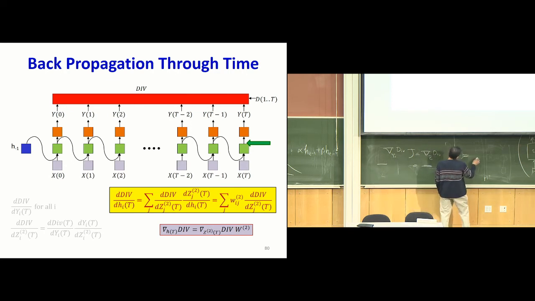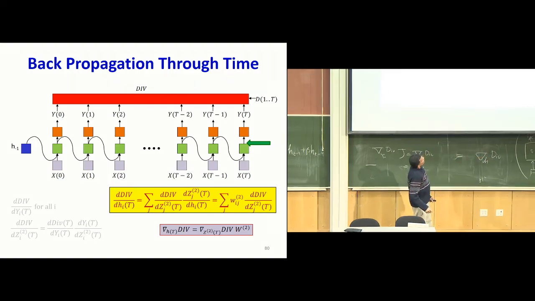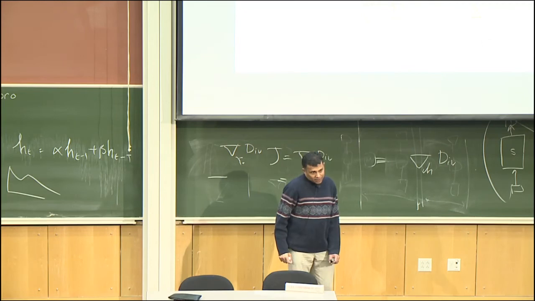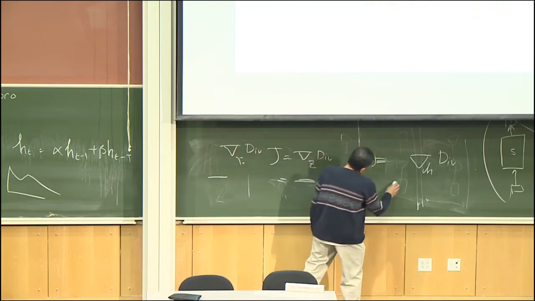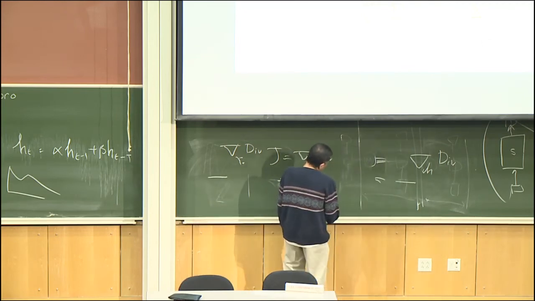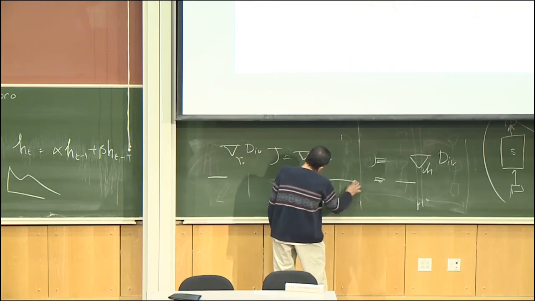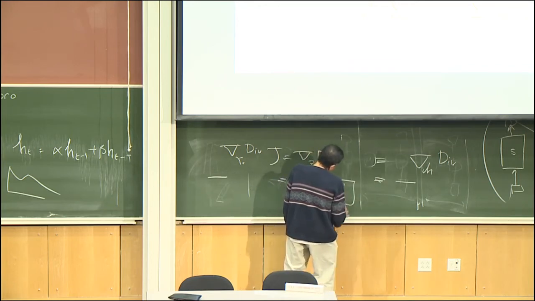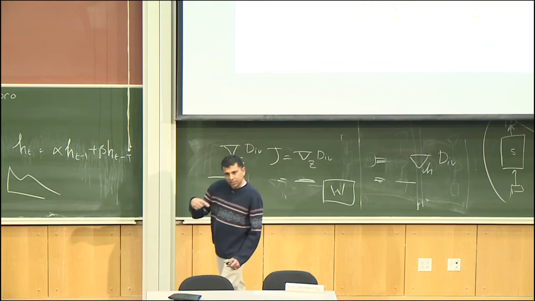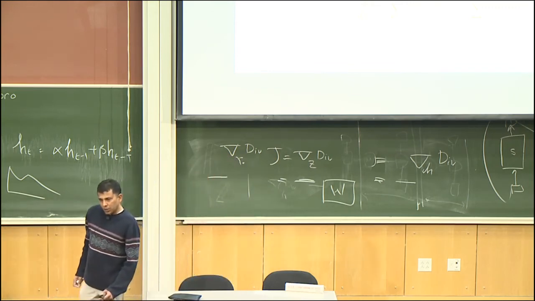And by the chain rule, I want the derivative of the divergence with respect to h, which means this is going to be a row vector also. So I need to multiply this by some matrix. And in this case, my matrix is simply going to be the weight matrix, correct? So we know how to do this.